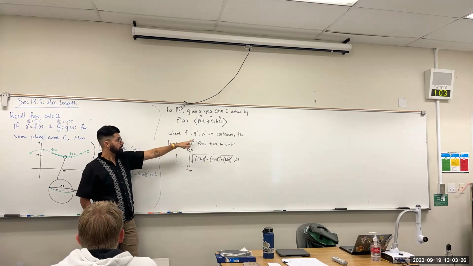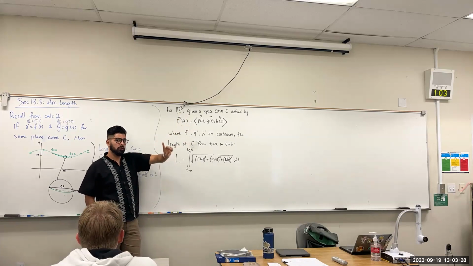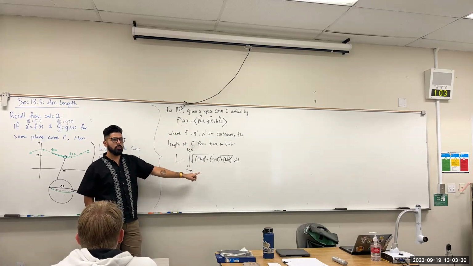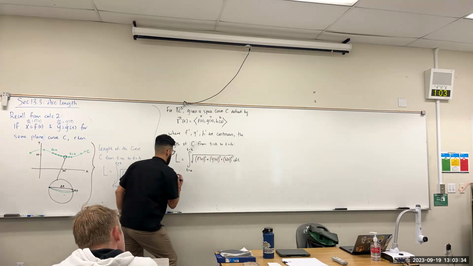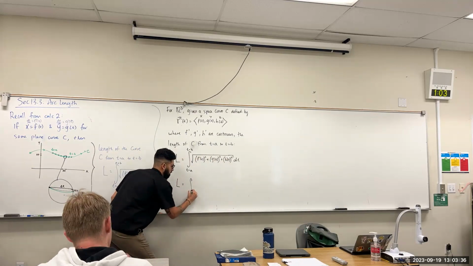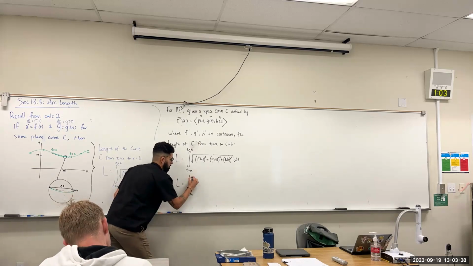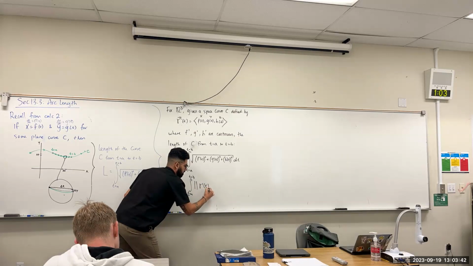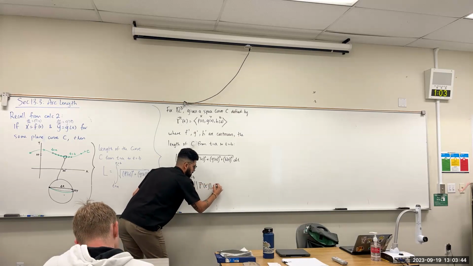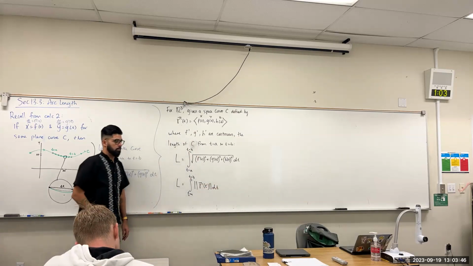But it's not this one, it's the magnitude of the tangent vector, r prime. So now we can also write the arc length as the magnitude of the tangent vector function, which is pretty dope. Okay?